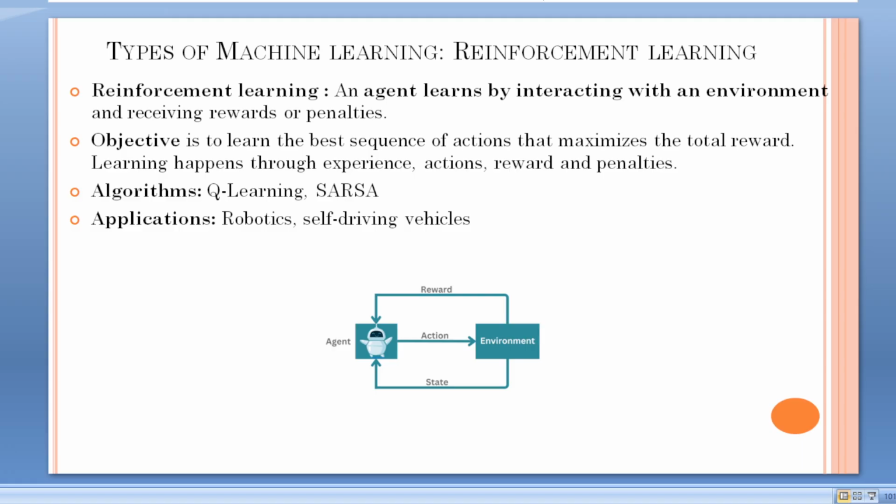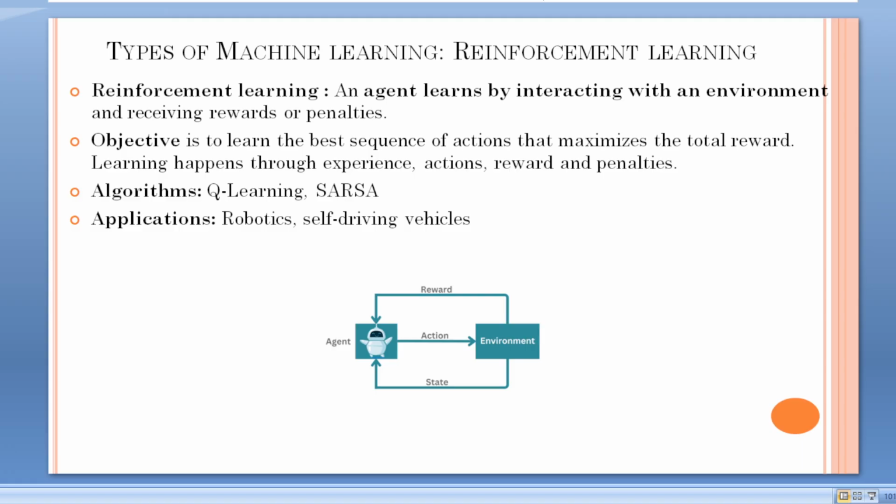And whenever the agent performs some action, it reaches a new state. Based on the new state, new actions are taken by the agent depending upon the policy. So the objective of reinforcement learning is to learn the best sequence of actions that maximizes the total reward.